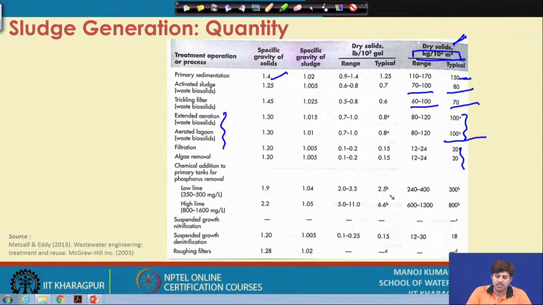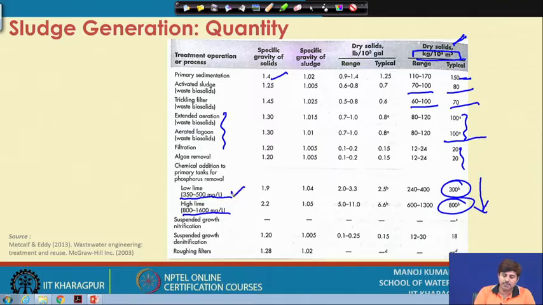Then we have the processes when we add chemicals for phosphorus removal. Depending on the doses of lime we are adding, high or low, we will generate a significant amount of sludge. This sludge is primarily because of chemical addition and not because of the constituents already present in the water, because we are adding a significant amount of constituents. So, they are produced here as sludge.